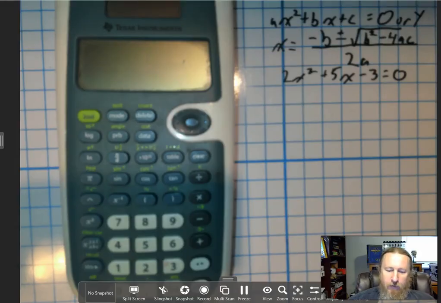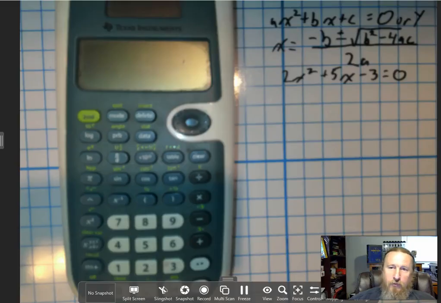We must remember the a value is the coefficient of the x squared term, the b value is the coefficient of the x term, and the c value is the plain number.